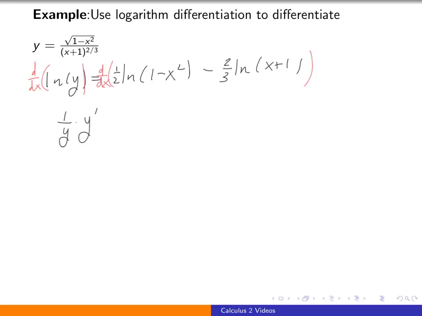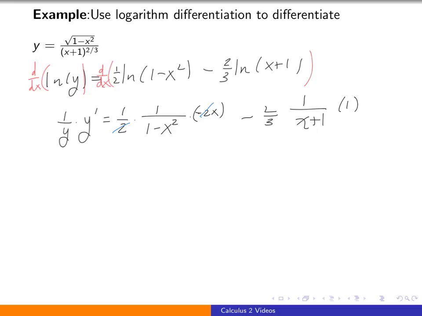Now on the right, just going through and doing the chain rule twice, we have 1/2 times 1 over 1 minus x squared multiplied by minus 2x. Then minus 2/3 times 1 over x plus 1. And the chain rule here, multiply by the derivative of the inside function, you really just multiply by 1. So note in this first fraction, the 2 and the 2 go away.